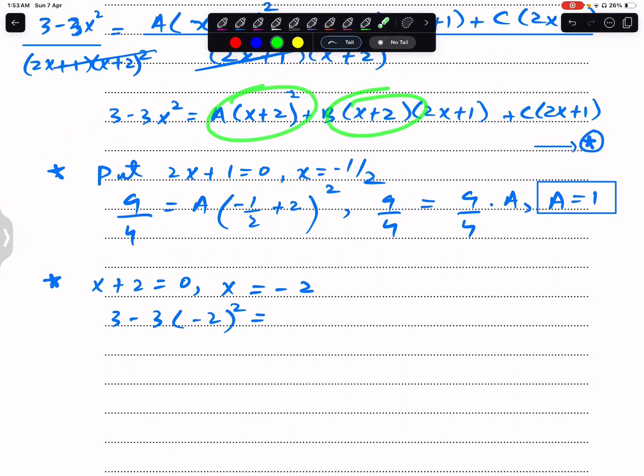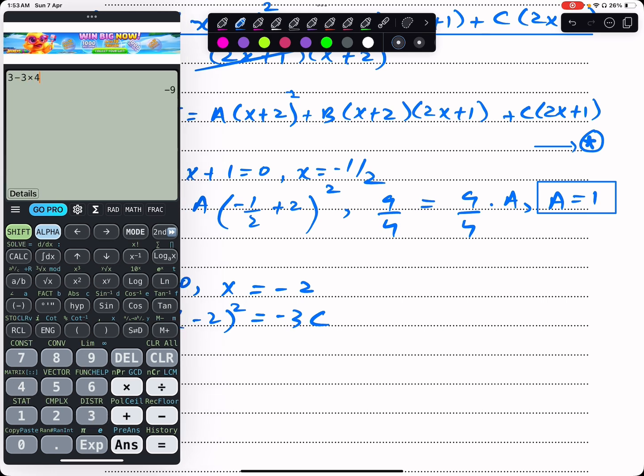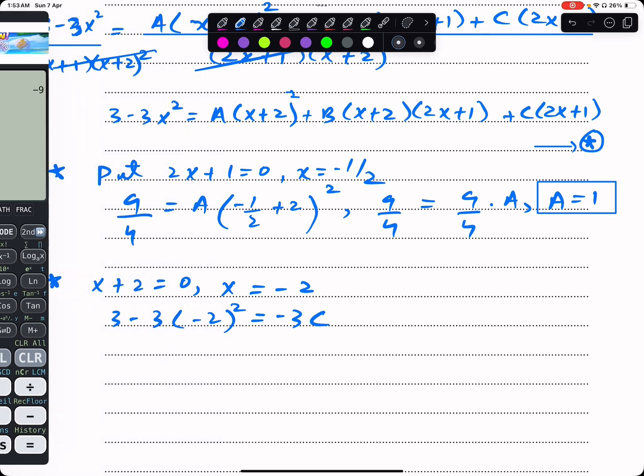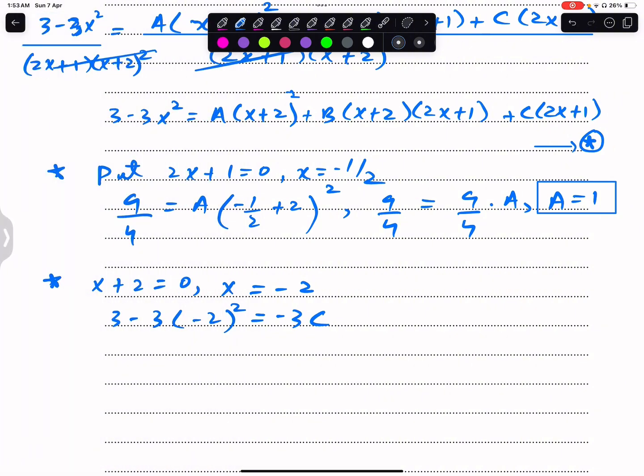This will also become 0, and now minus 2 times minus 2 is minus 4, times minus 4 plus 1 is minus 3. So minus 3c, and the left side simply becomes 3 minus 3 times 4, and that is minus 9. Okay, minus 2 square is just 4. So minus 9 is equal to minus 3c. So c is 3.